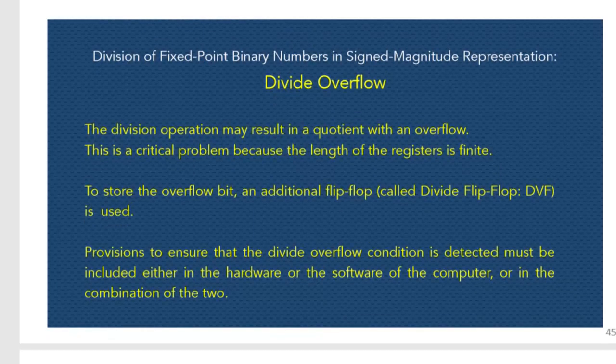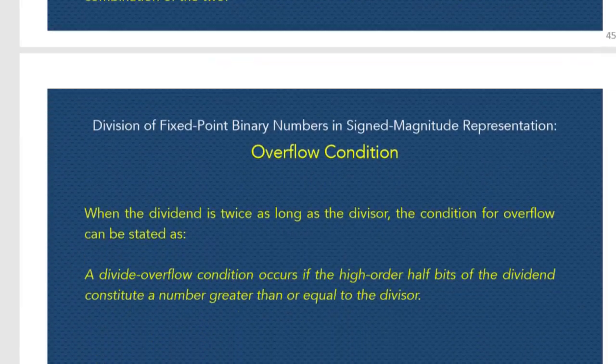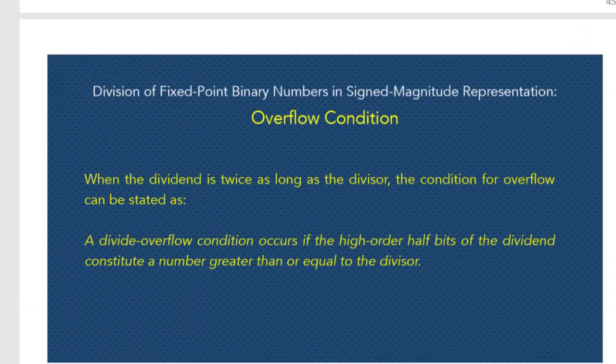Provisions to ensure that the divide overflow condition is detected must be included in the hardware, the software, or a combination of the two. So what is basically the overflow condition? When the dividend is twice as long as the divisor, the condition for overflow can be stated as follows.